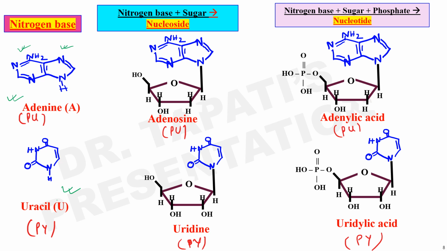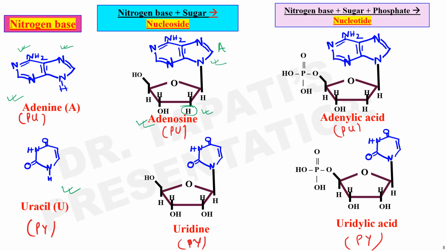Now, nitrogen base plus sugar means nucleoside. So when a sugar moiety is attached with a nitrogen base, it is known as a nucleoside. And when adenine is attached with ribose sugar, this is not ribose sugar, this is deoxyribose sugar. So when adenine is attached with deoxyribose sugar, it is adenosine.